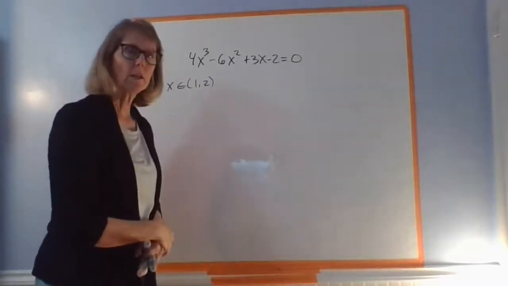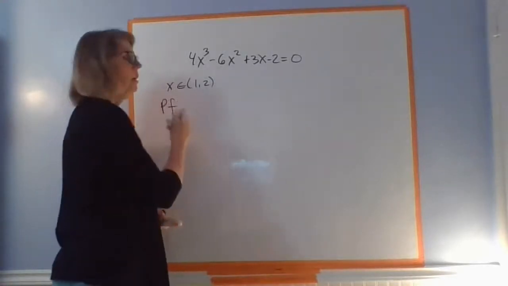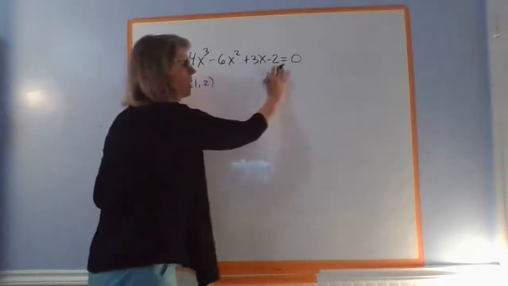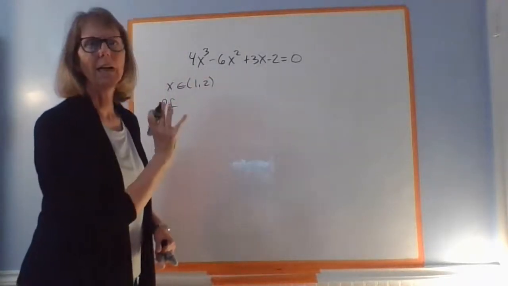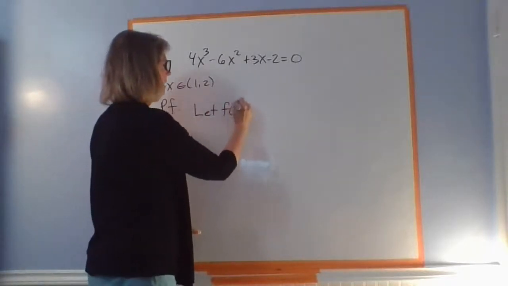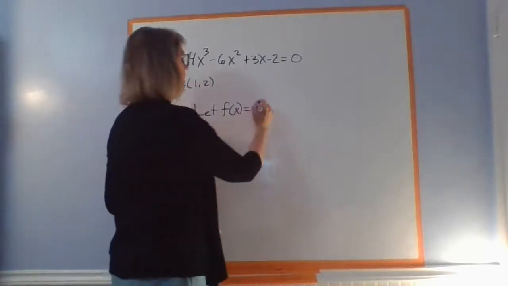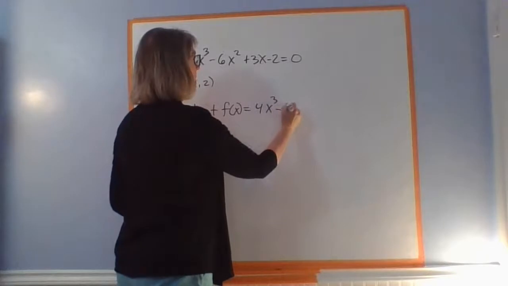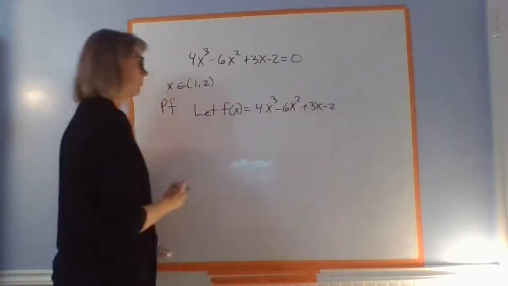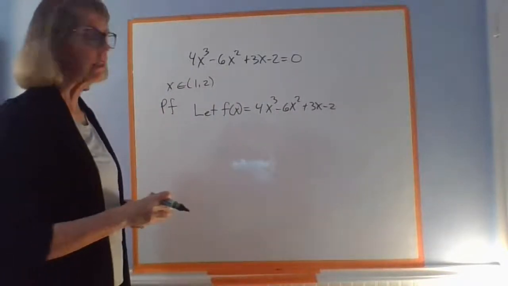So here we begin the formal proof. I'm going to put PF for proof to help me know that I'm starting my proof. We're going to take this equation and turn it into a function. So we say let f of x equal the polynomial part of the equation, 4x cubed minus 6x squared plus 3x minus 2. So then we qualify what kind of function this is.